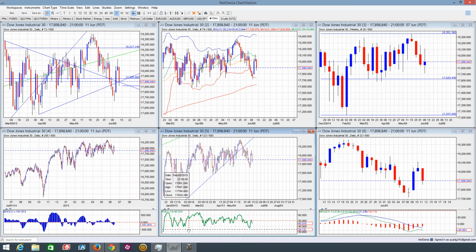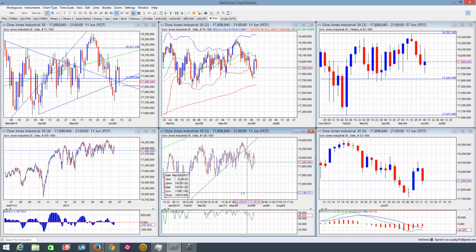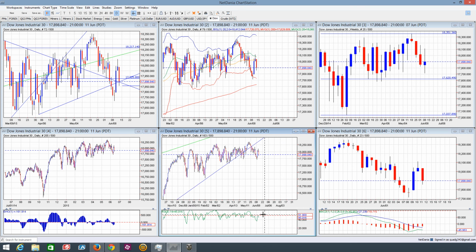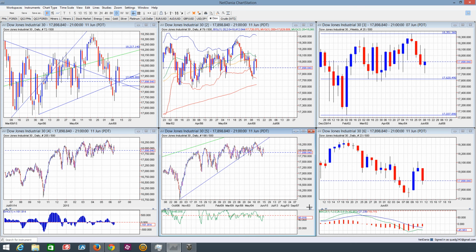We haven't seen that since all the way back here in this sell-off. So I think this might be a warning shot, an indication that that support is weak. So if we see another daily close underneath that 40, I think that's going to be an indication that we'll continue to see some selling.